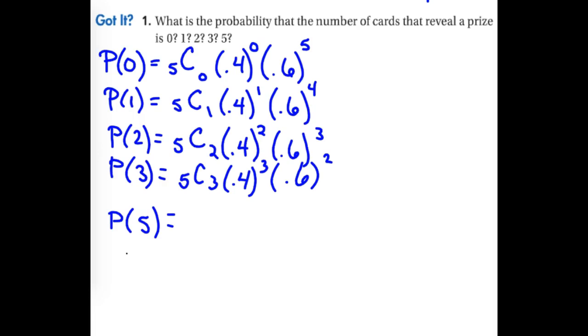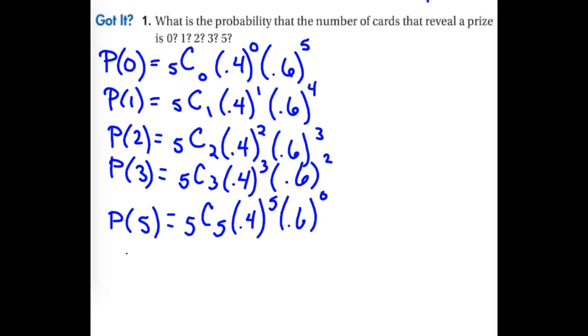Thank you. All right. Last one. 5C5, 0.4 to the fifth and 0.6 to the 0. Okay. So if you type 1 row in your calculator, it's easy to recall it and change your powers. Yes? So I'm going to pause it.